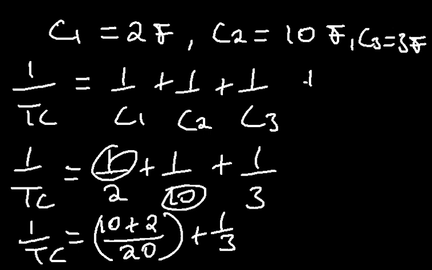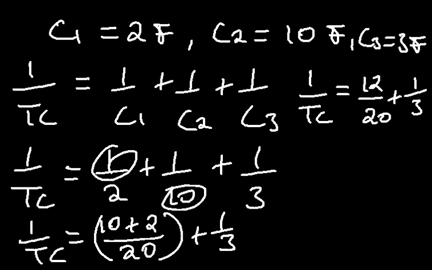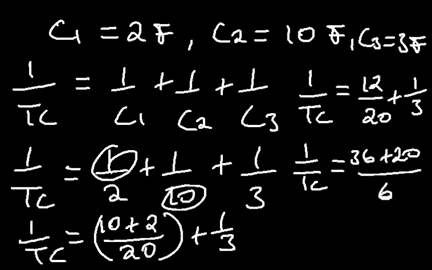So 1 over TC is equal to 12 divided by 20 plus 1 over 3. Using the same butterfly method, 1 over TC is equal to 12 times 3, which is 36, plus 1 times 20, which is 20, divided by 60.